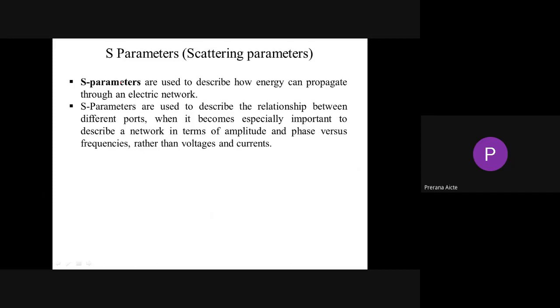So Z, Y and H parameters are represented in terms of voltage and current, but S parameters are represented with amplitude and phase with respect to frequency. So the S parameters are a special case. They are not comparable to Z, Y and H parameters.